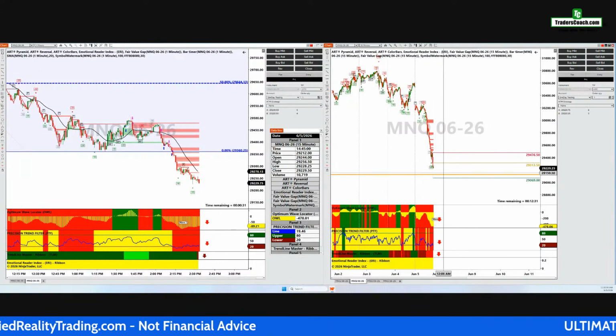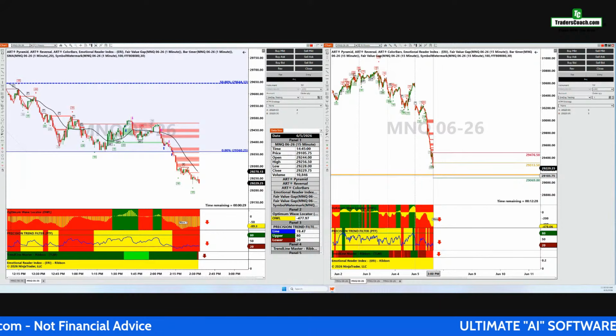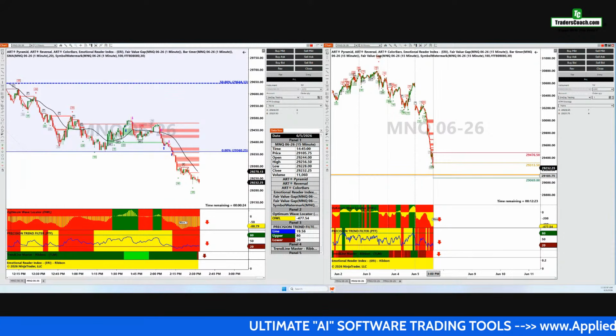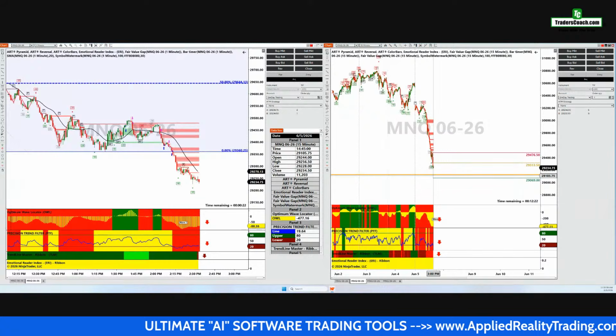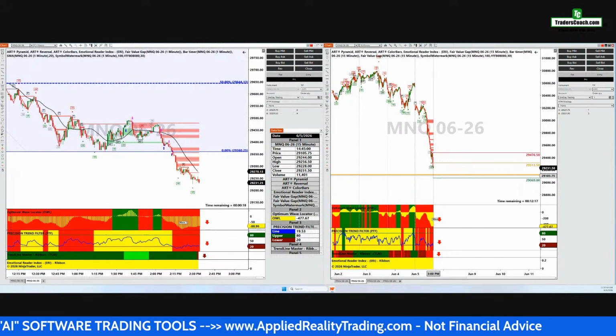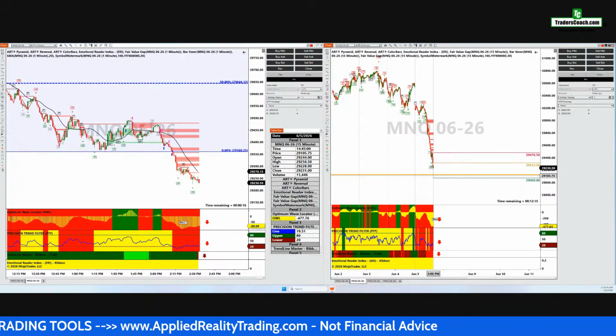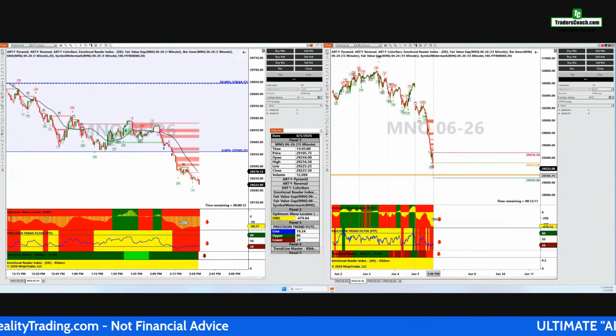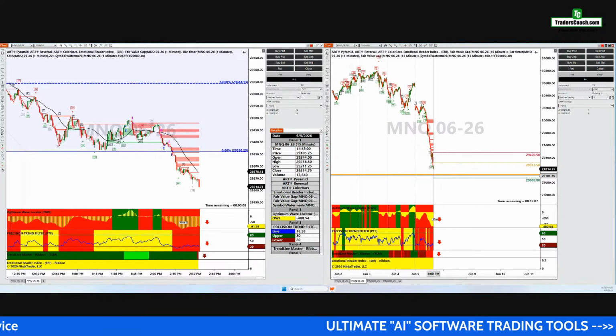So I imagine this will take out this equity here. The next algo I think that kicks in is around 3 o'clock, 3 p.m. We may see a resounding move to the upside. Here we go.